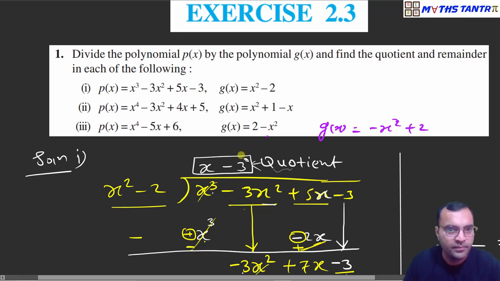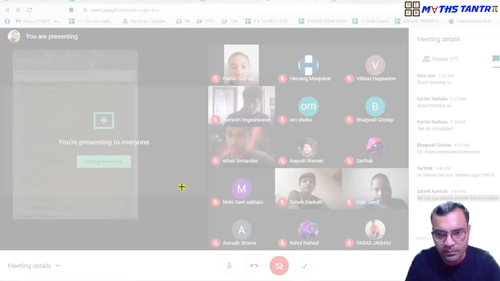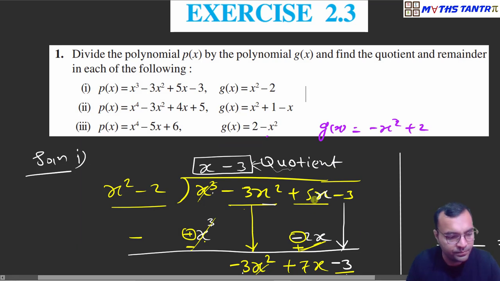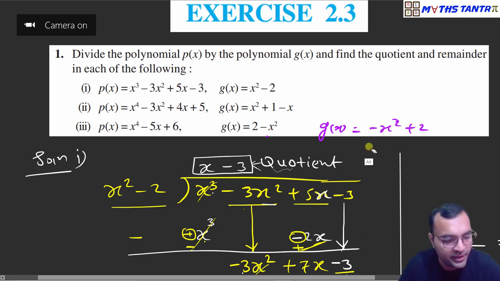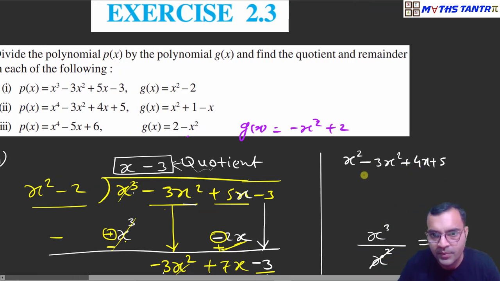We'll explain it again. Our dividend is x to the 4 minus 3x square plus 4x plus 5. Divisor is x square plus 1 minus x.